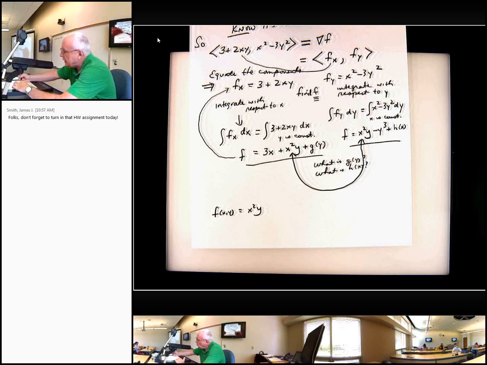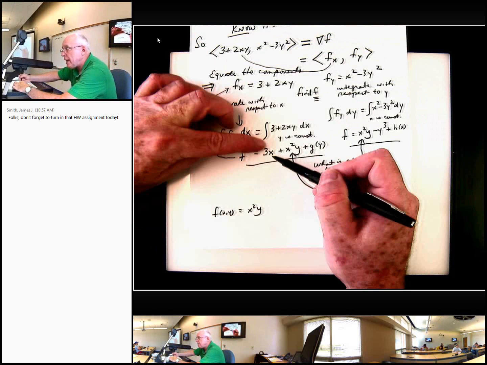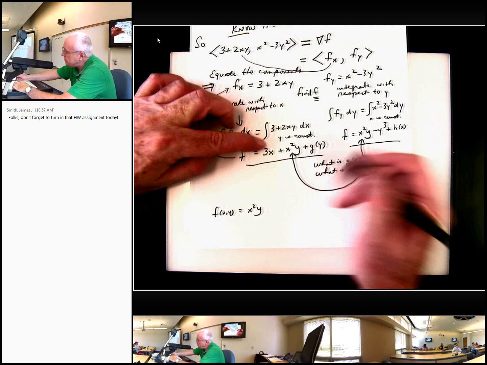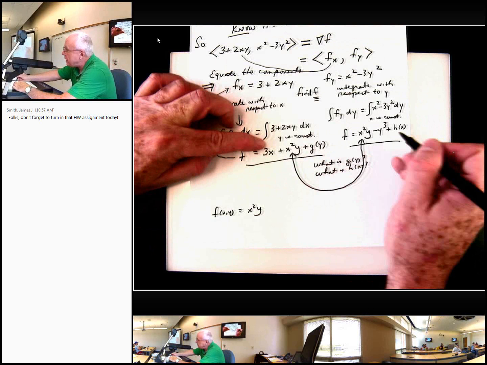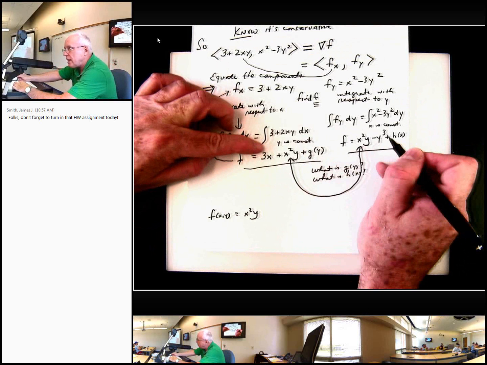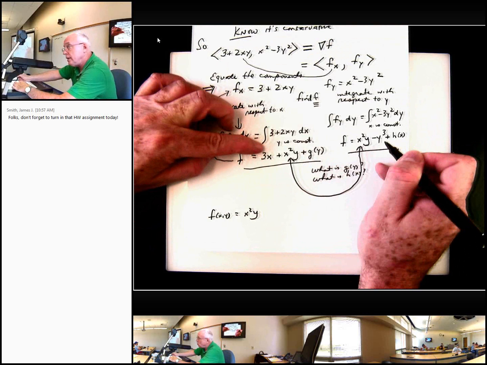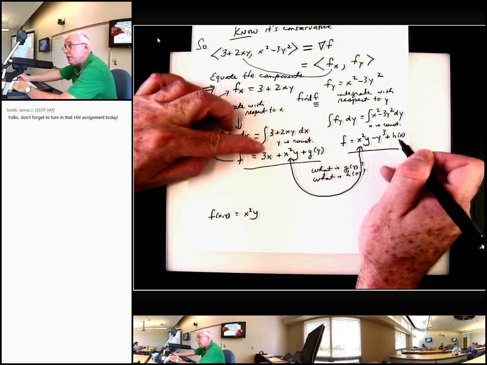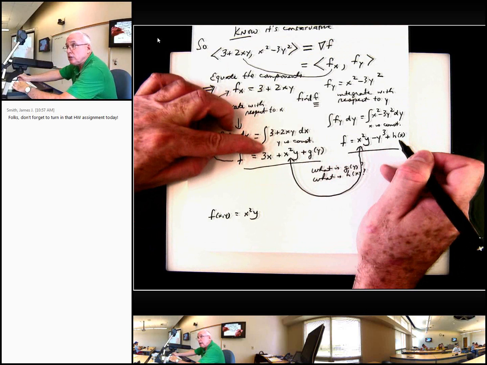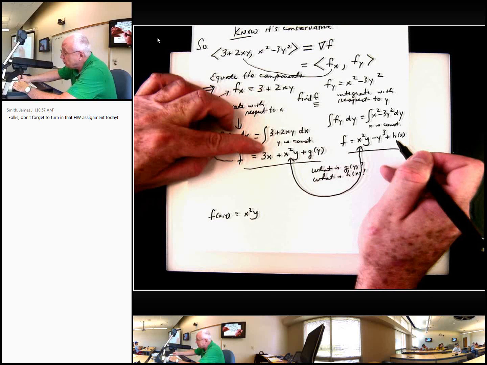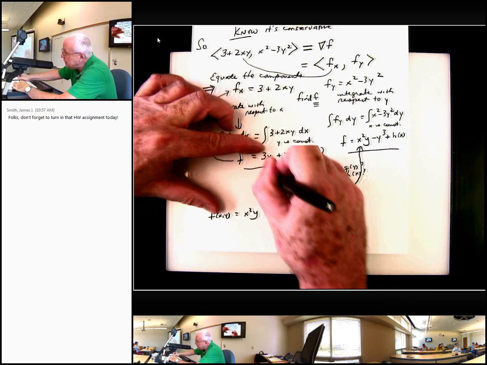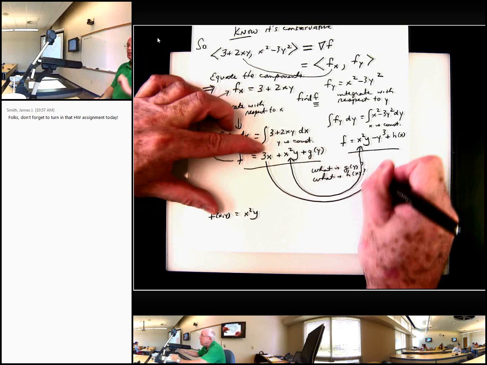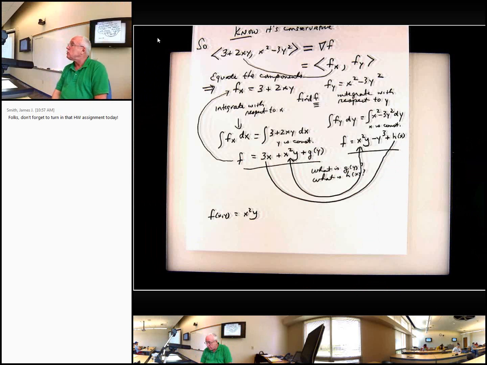We know that it also has to have a 3x in it. But notice there isn't any 3x over here on the right-hand side, but what there is is this little h function that is a function just of x. So that little h function is the same, or has to be the same, as 3x.